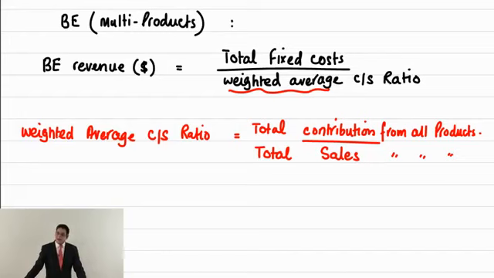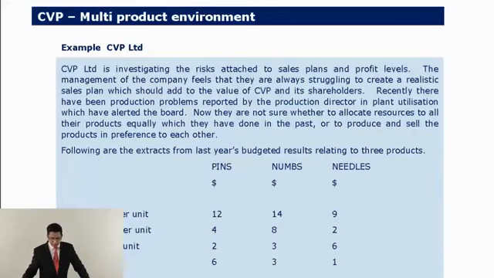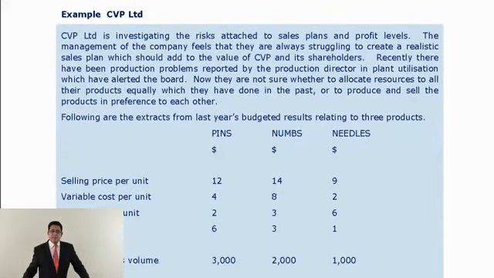Then a number of additional things we can learn from the example, and then we can draw the profit volume chart as well. Let's have a look. Example, CVP Limited. CVP Limited is investigating the risks attached to sales plans and profit levels. The management feels they are always struggling to create a realistic sales plan which should add value to CVP and its shareholders.